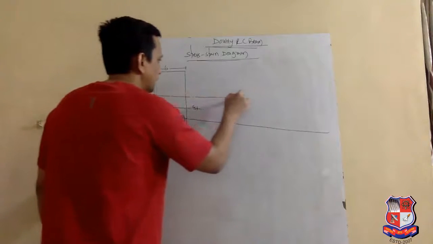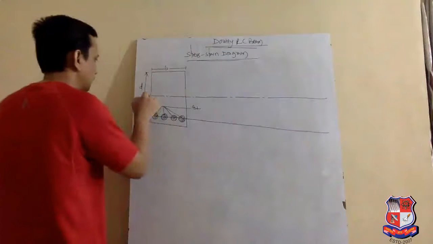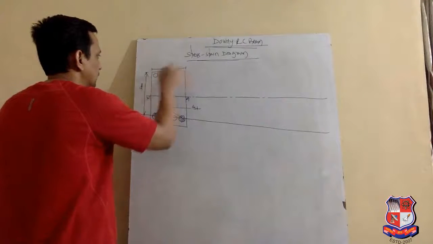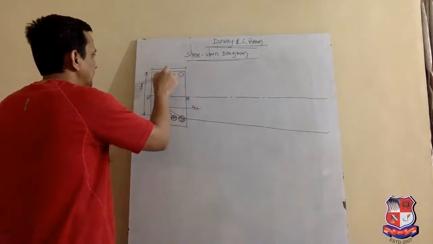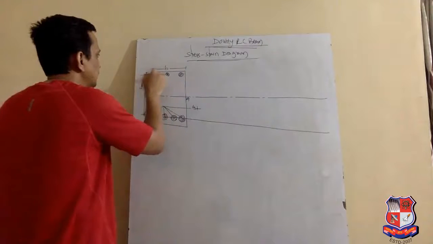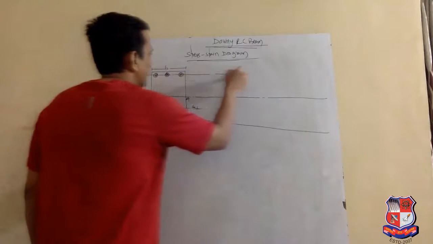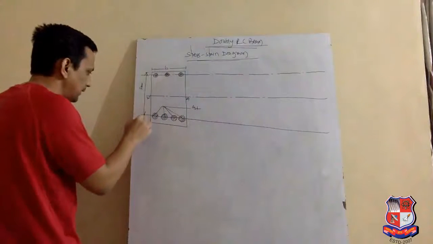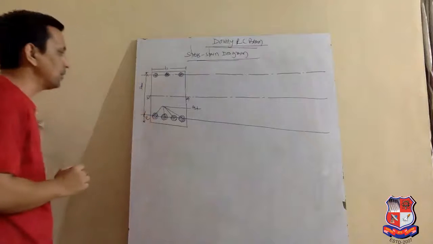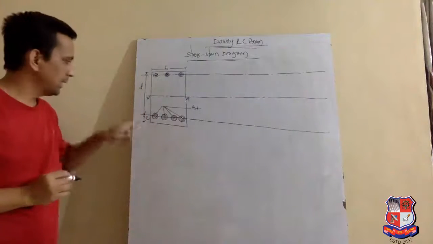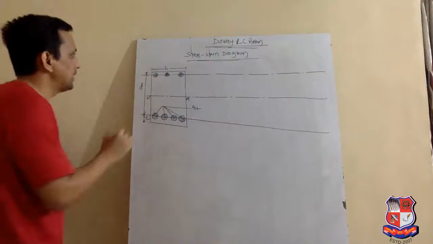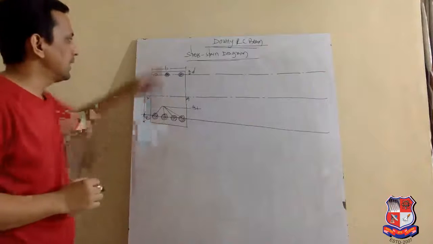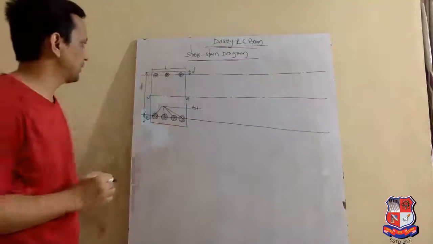This is the neutral axis. And this is the steel in compression zone. This is the effective cover in tension zone, d dash means effective cover in compression zone.